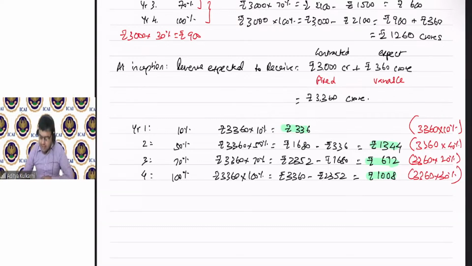So in all these cases, is the percentage completion multiplied by the total consideration going to match with the revenue numbers? Yes. Is this going to match with the revenue numbers? Answer is yes. It is going to match with my revenue numbers.